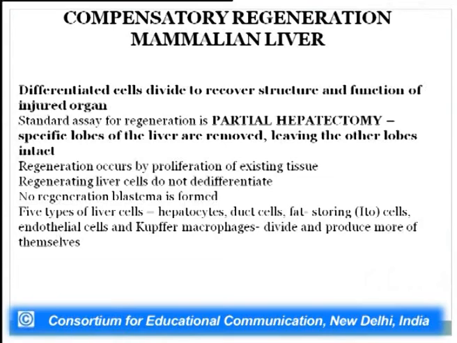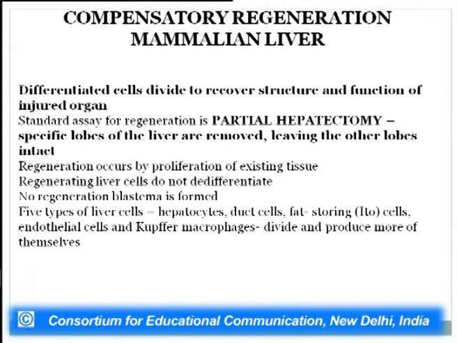In compensatory regeneration, the differentiated cells again start growing. The cells start dividing to recover the structure and function of the lost part, or the injured organ. There is a standard assay for regeneration. For example, for liver regeneration, the standard assay is called partial hepatectomy. The specific lobes of the liver are removed, leaving the other lobes intact.